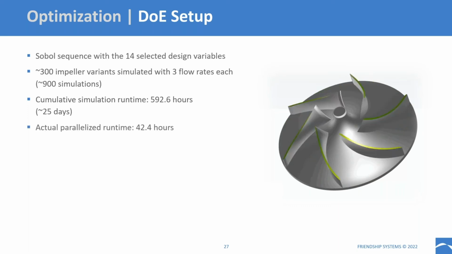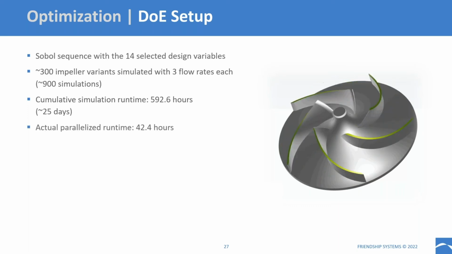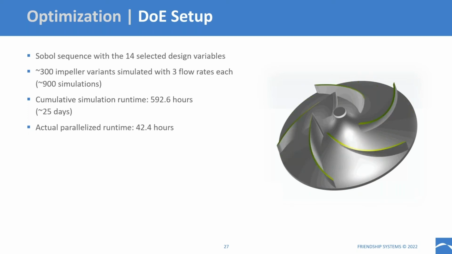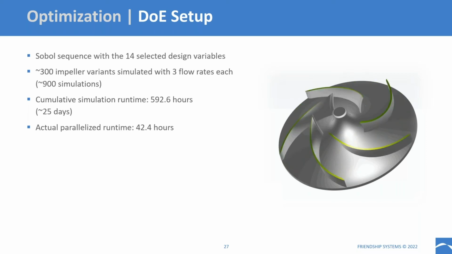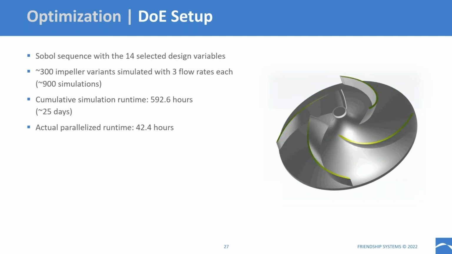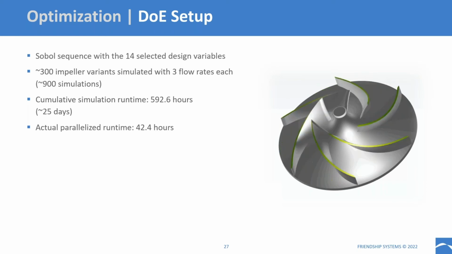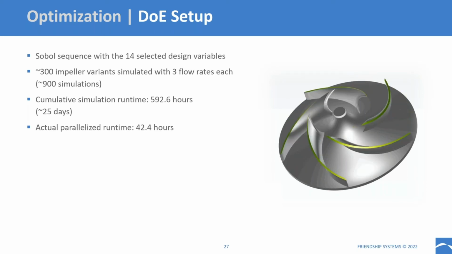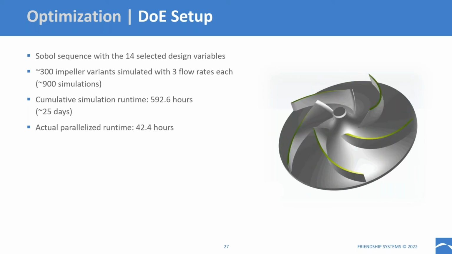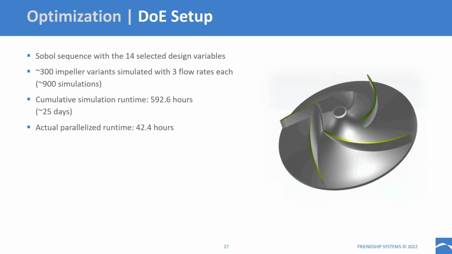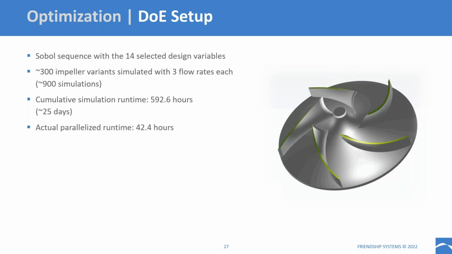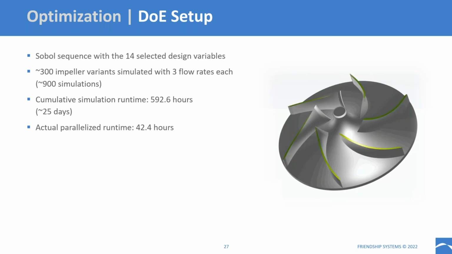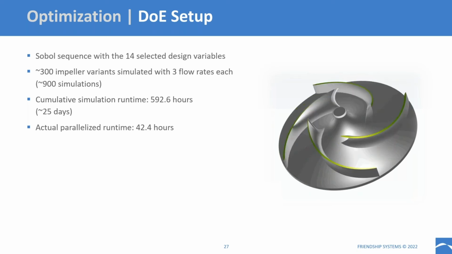Due to the possibility to run things in parallel, we ran the 3 flow rates for each variant in parallel, and we also ran multiple variants in parallel to each other. We could reduce the whole runtime to, as you can see here, 42 point something hours, which basically meant that we started this design study on a Friday evening, and it ran on the weekend, and on Monday all the results were there.